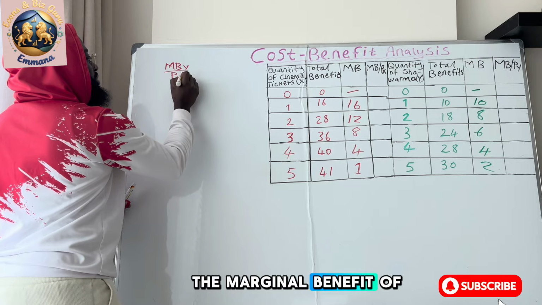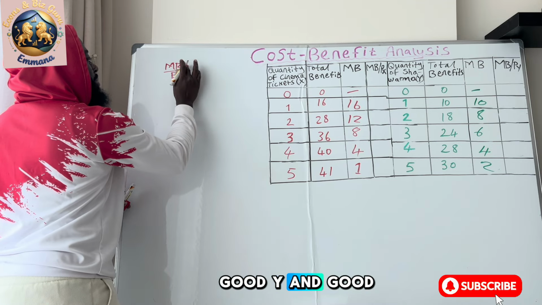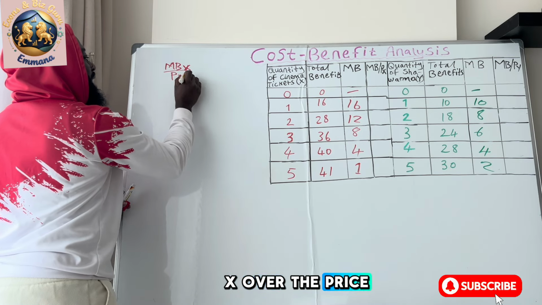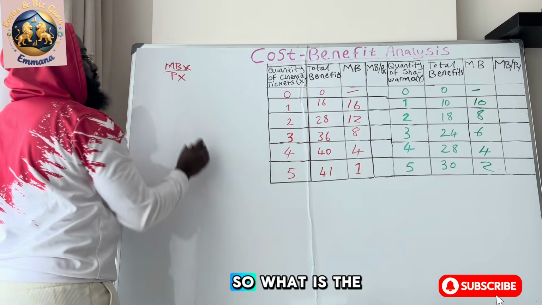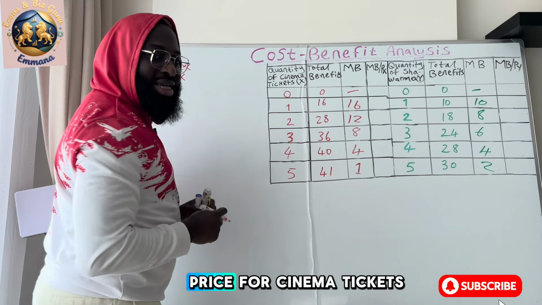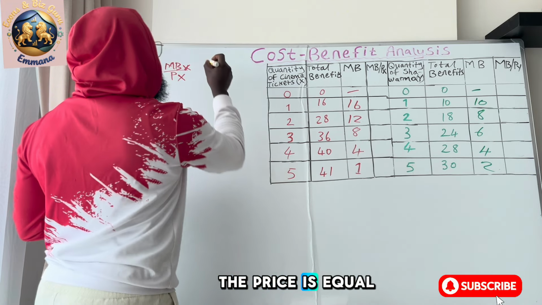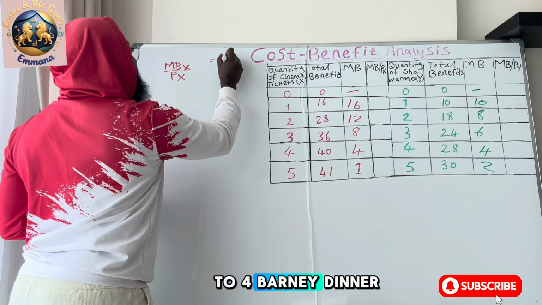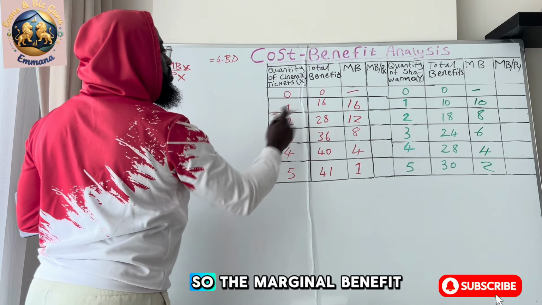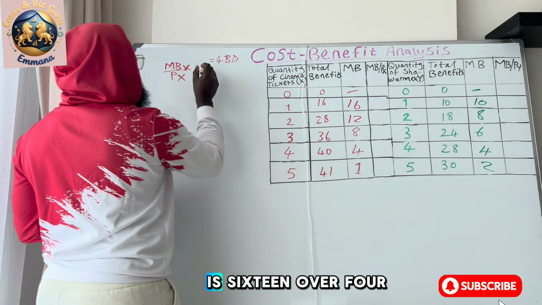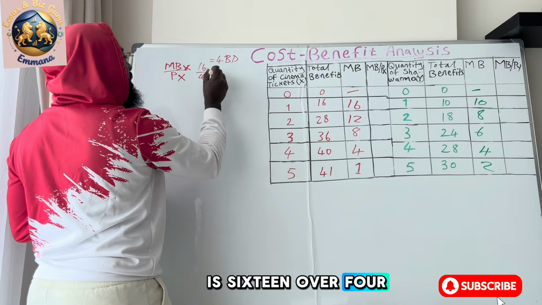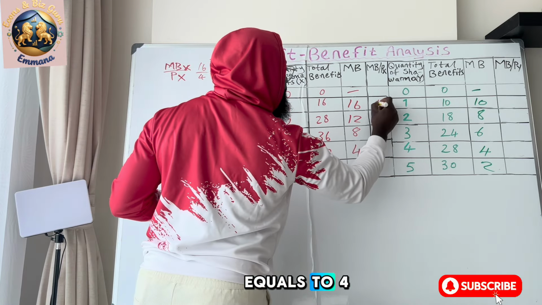The marginal benefit of good X over the price of good X. So, what is the price for the cinema ticket? The price is equal to 4 bargaining dinner. So, the marginal benefit is 16 over 4 equals 4.